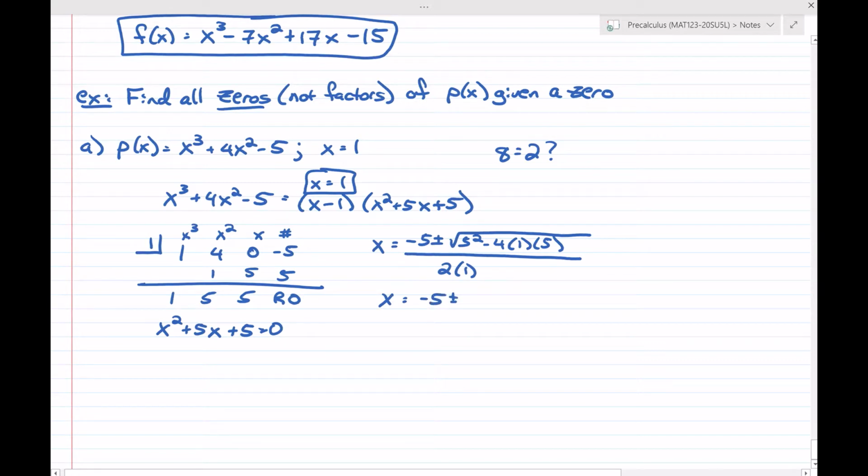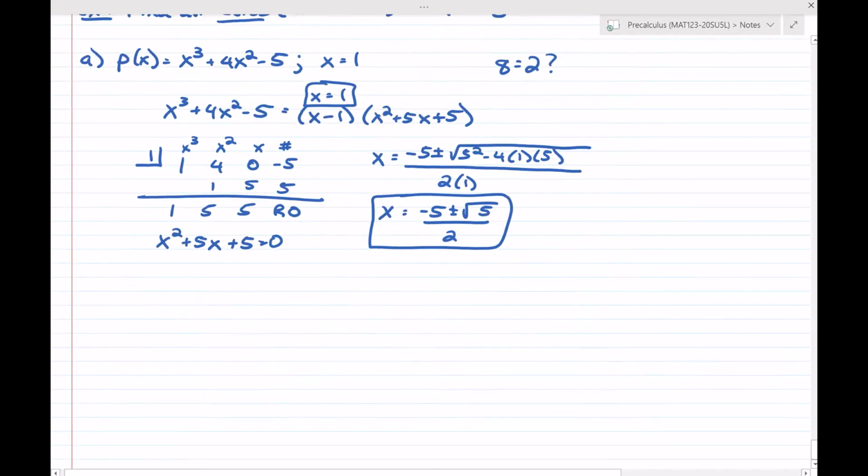And I'll just use my calculator here. 5 squared minus 20 is 5. So we do get 3 answers: 1, and negative 5 plus or minus root 5 over 2.